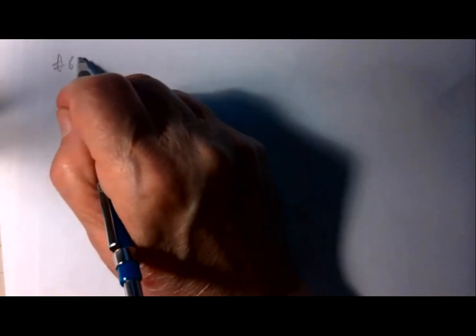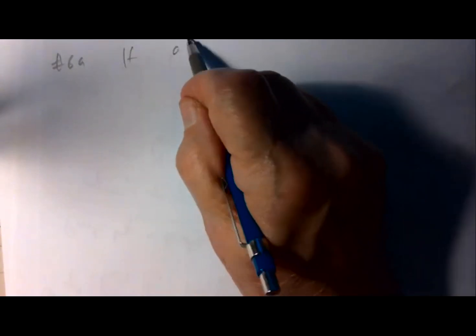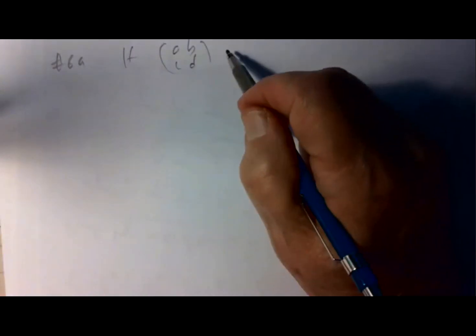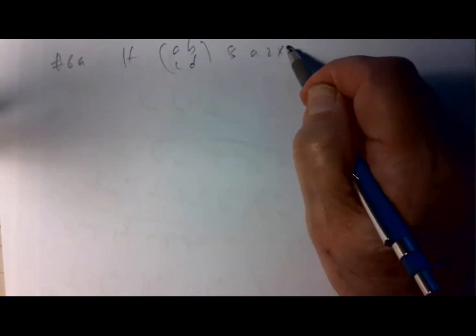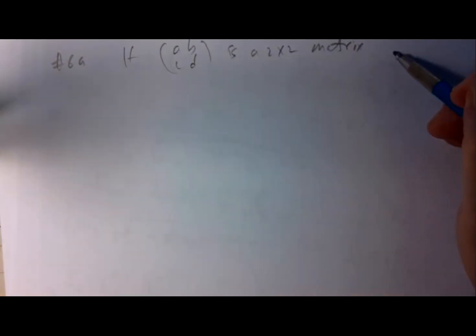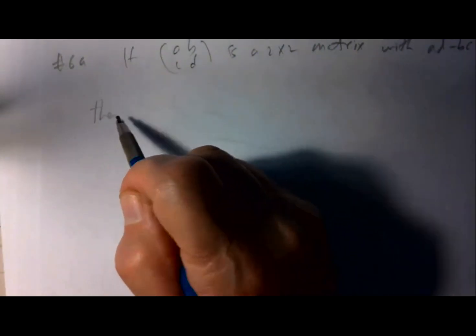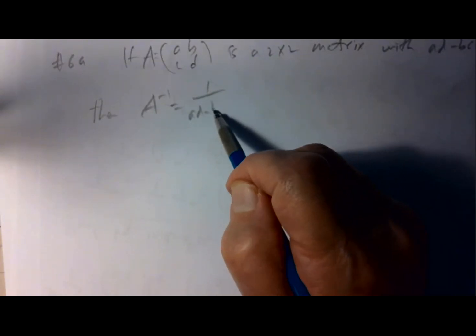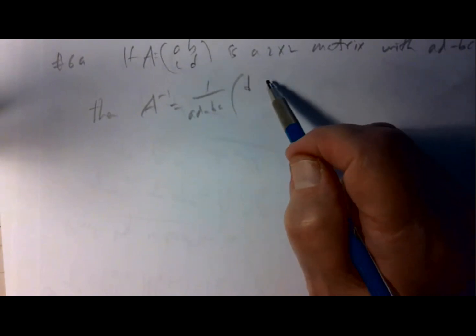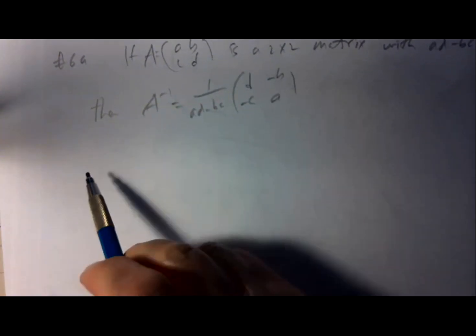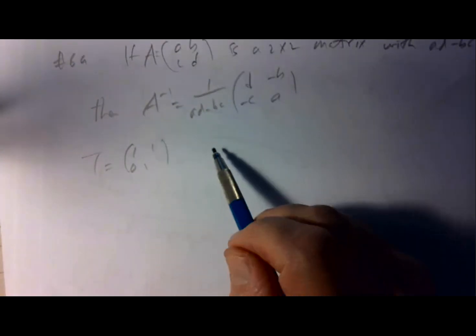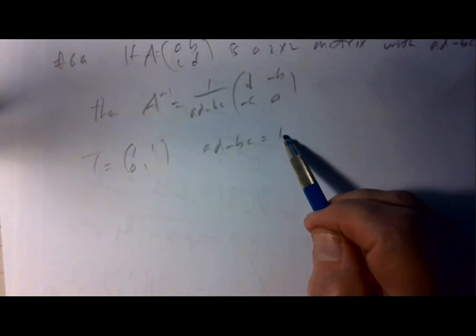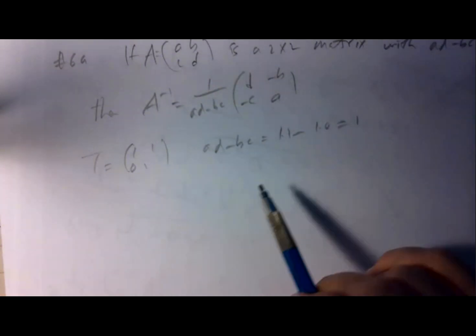Well, for one thing, you know that if A, B, C, D is a 2 by 2 matrix with determinant not equal to 0, then the inverse is always 1 over the determinant times the matrix D, minus B, minus C, A. So if you let T equal 1, 1, 0, 1, AD minus BC is 1 times 1 minus 1 times 0, which is 1.